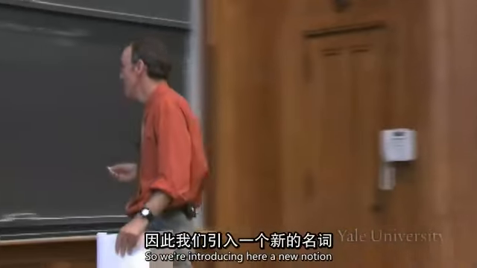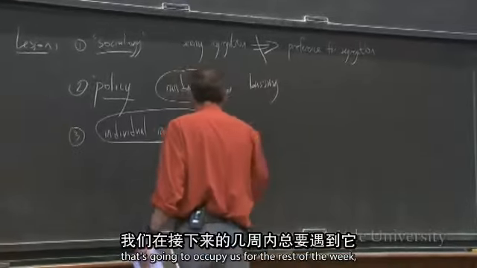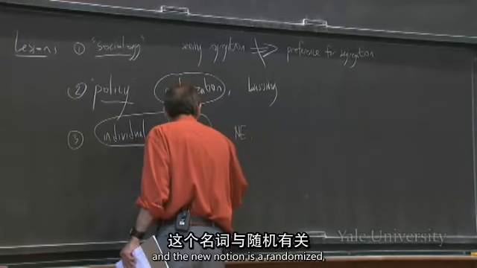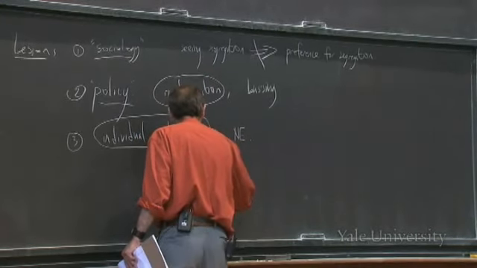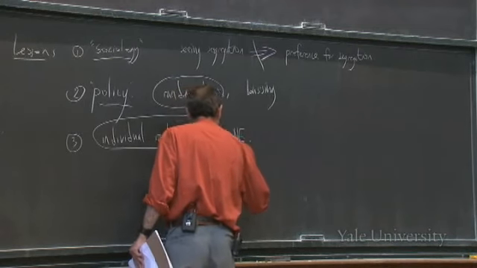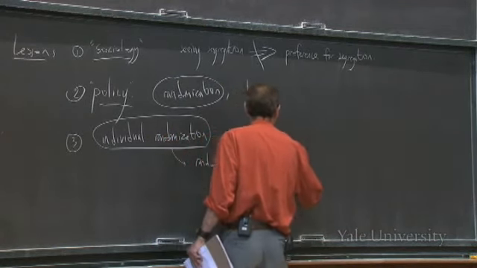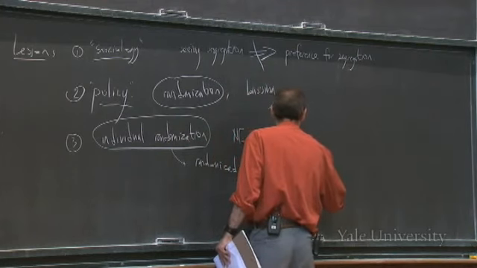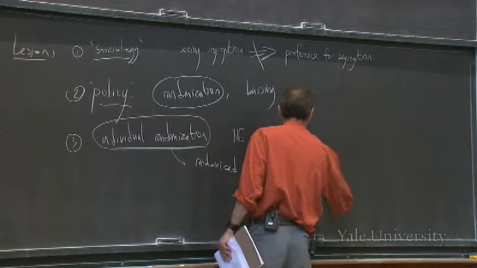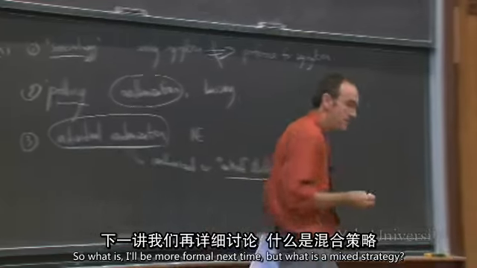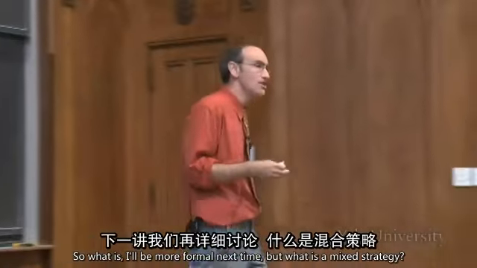All right? So we're introducing here a new notion that's going to occupy us for the rest of the week. And the new notion is a randomized, or as we're going to call them, mixed strategies. All right, I'll be more formal next time, but what is a mixed strategy?